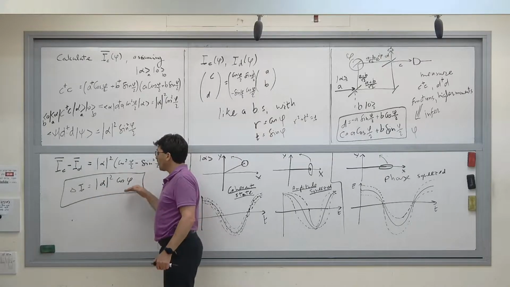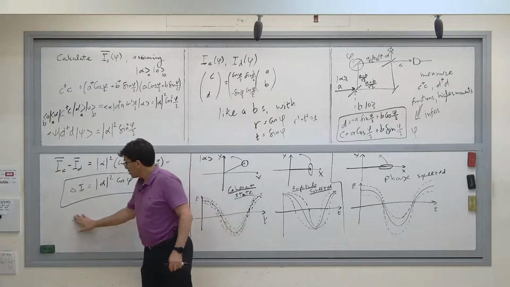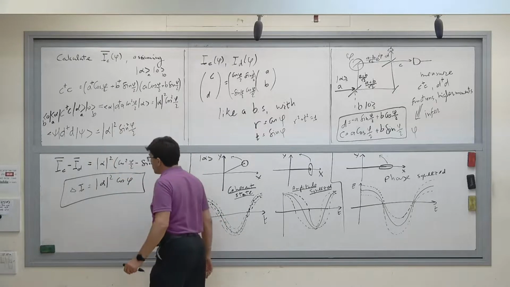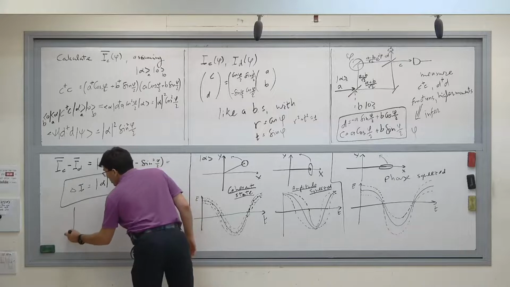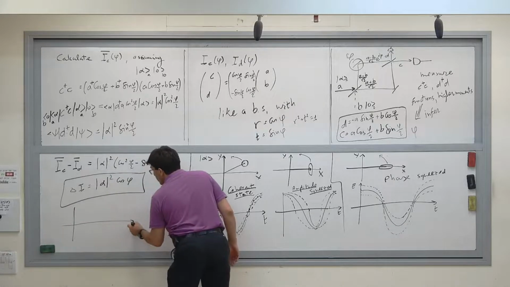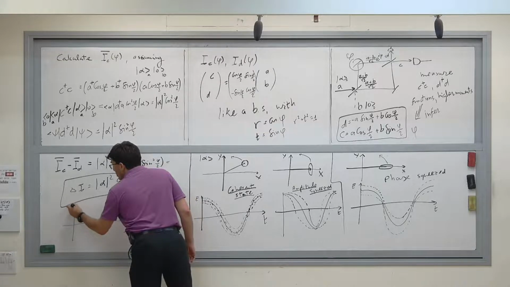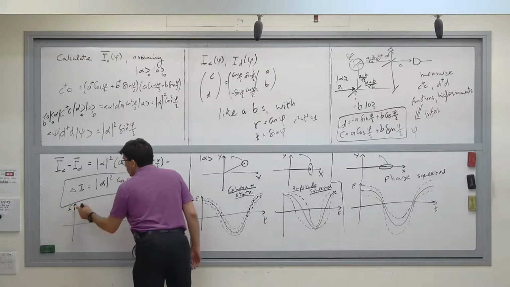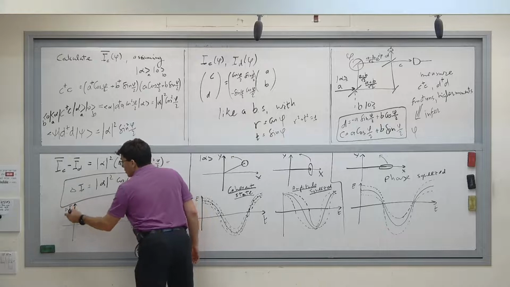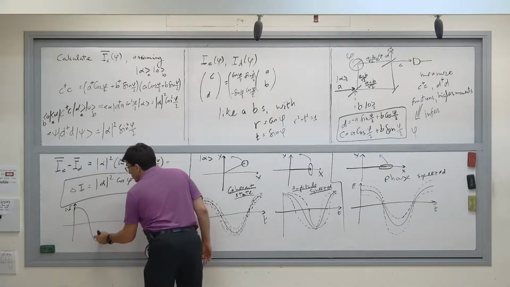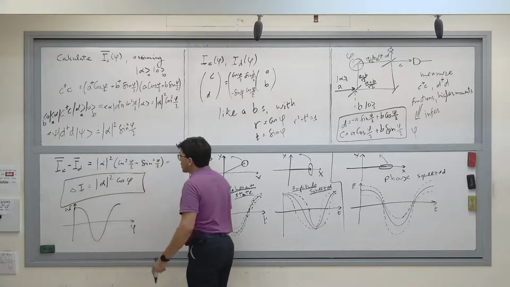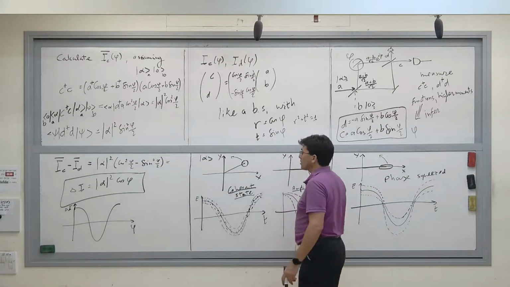It's an oscillating function of the phase. So if this is the phase, and this is the intensity difference, what we have is just an oscillating function of the phase phi.